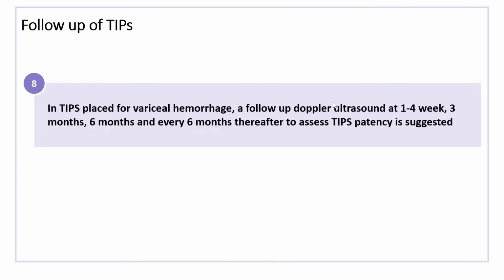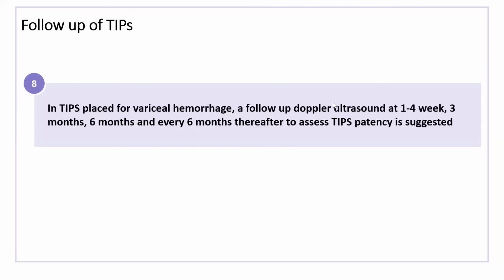At 1 year, patency may be about 90%, and at 3 years, maybe around 75%. However, a proactive follow-up of this is recommended because the consequences are dire, right? You can have recurrence of bleeding, or in a person who had ascites, you can have worsening of ascites. So a proactive follow-up is recommended.